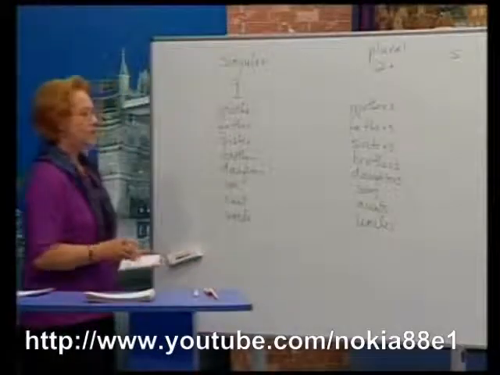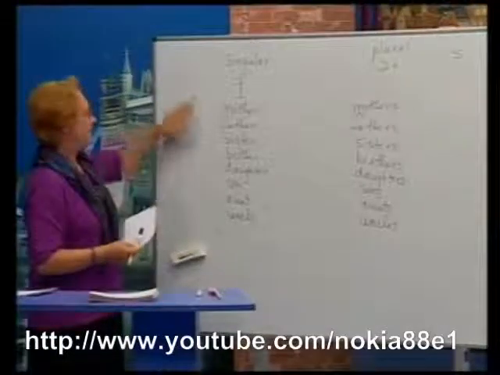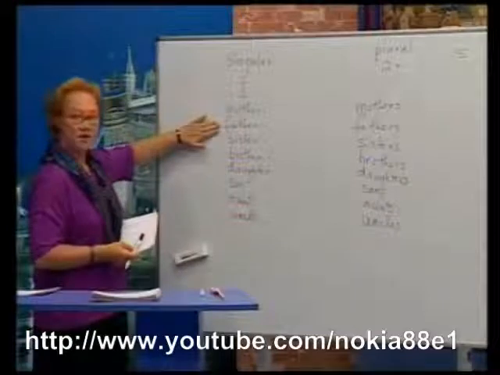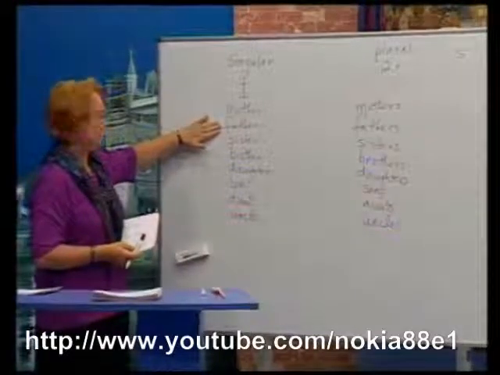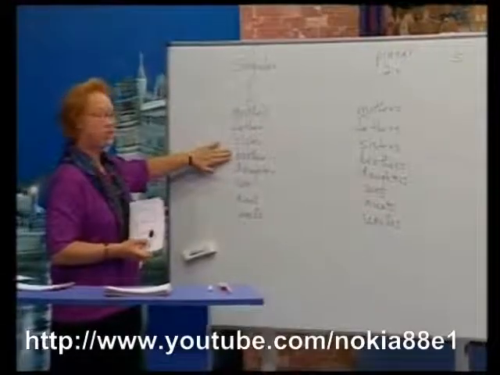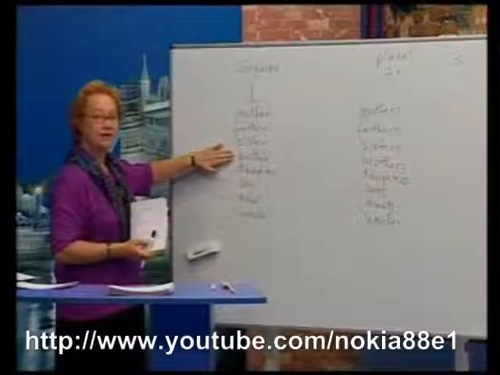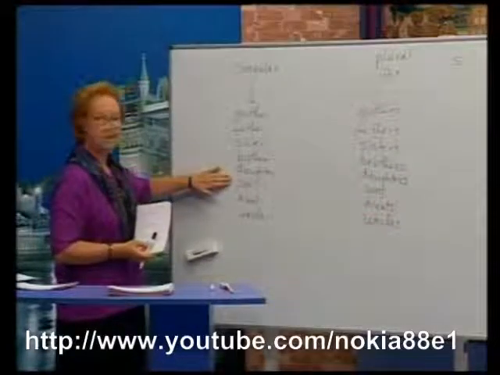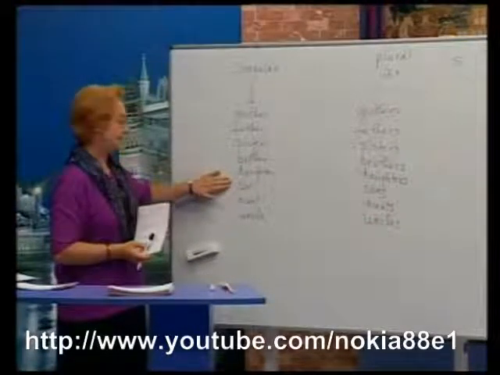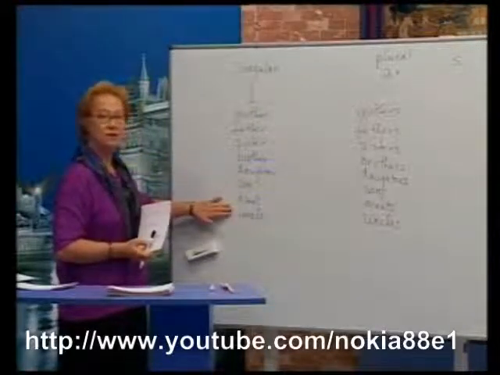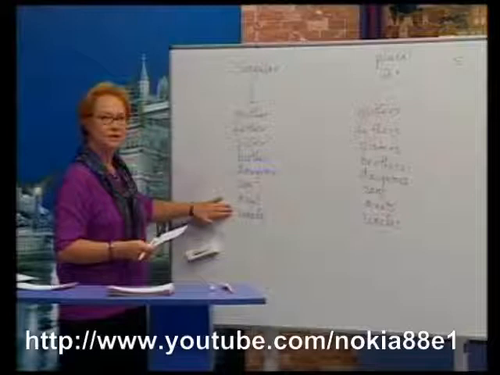Now, we have mother, mothers, father, fathers, sister, sisters, brother, brothers, daughter, daughters, son, sons, aunt, aunts, uncle, uncles.